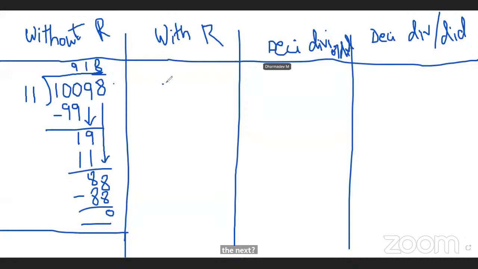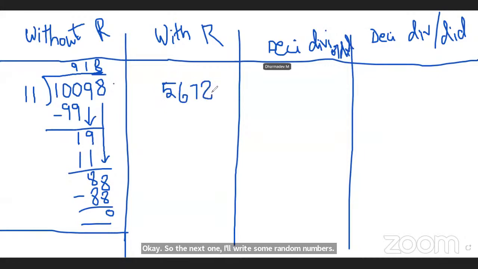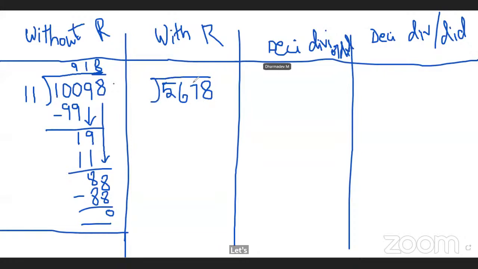So the next one, I'll write some random numbers: 5, 6, 7, 8, divided by. I'll give you an easy number, 5. That's all. Solve this and get me an answer. I want it as quick as you can. You can do it on your paper, that's fine. But get the answer as fast as you can.